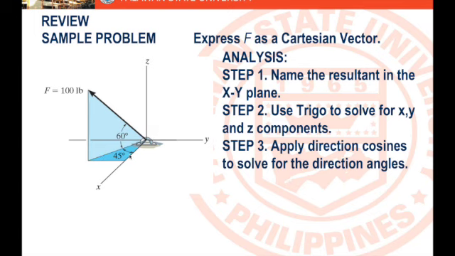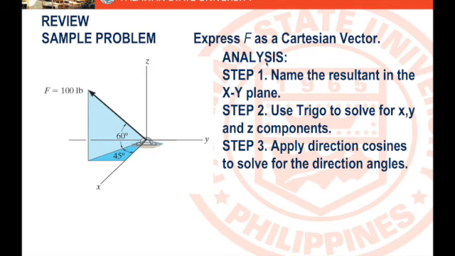I hope you can visualize that. And we have 45 degrees for the blue triangle, and for the light blue triangle you have 60 degrees. Our first step is to name the resultant in the xy plane. This is our resultant, which is F equals 100 pounds, but you can see here that we also have a resultant in the xy plane.